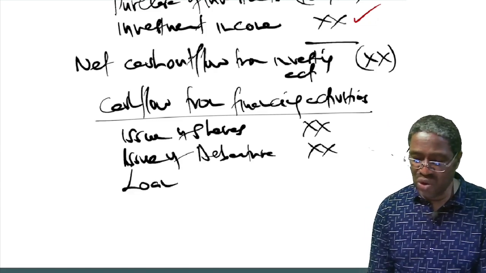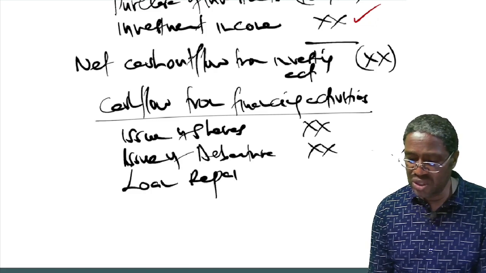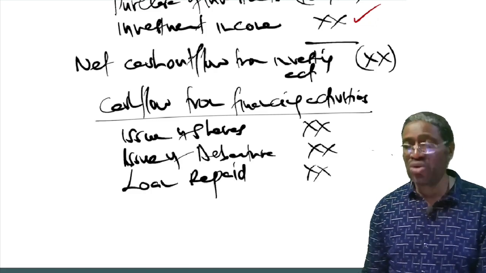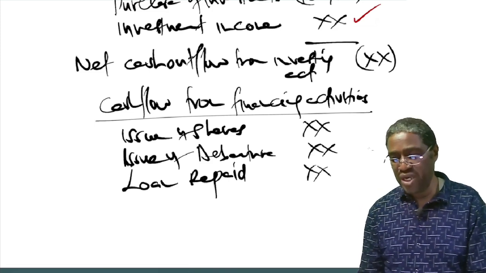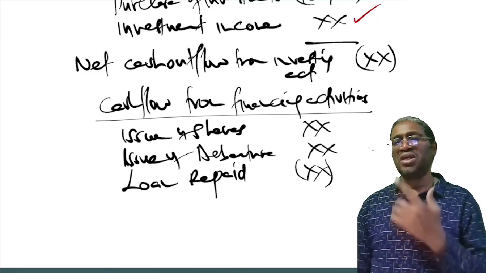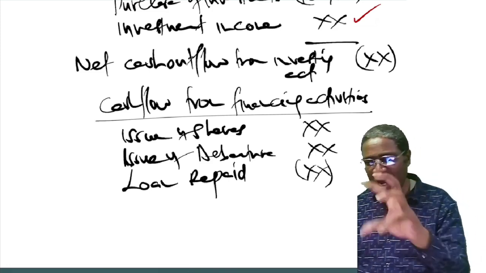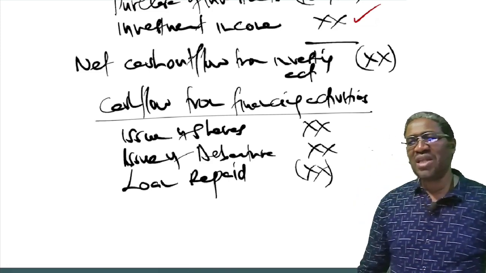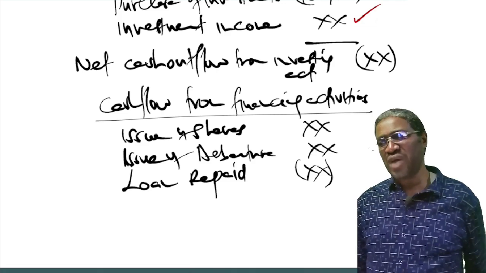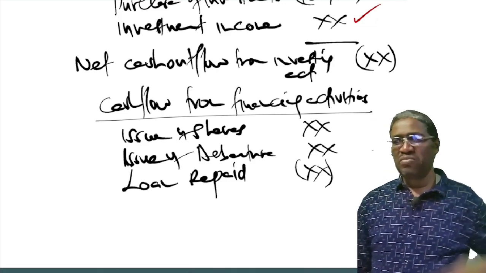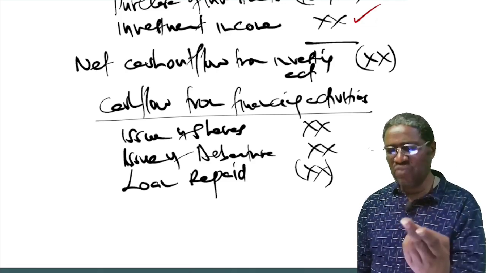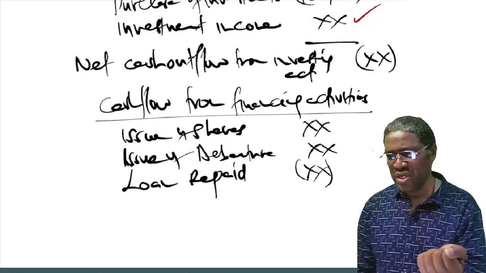You could have what we call loan repayment. Loan repaid. Remember, you borrowed to finance loans. Loan repaid, that's an outflow. Good. Listen again. Let me now assume that these are the major financing items as per your balance sheet: issue of shares, issue of debentures, and loan repaid.